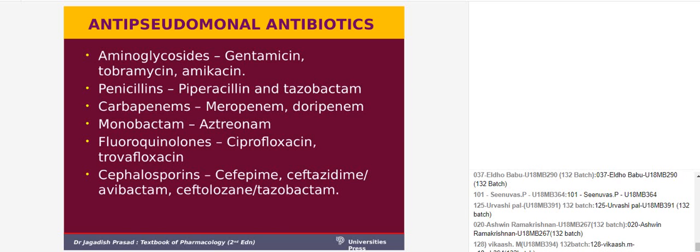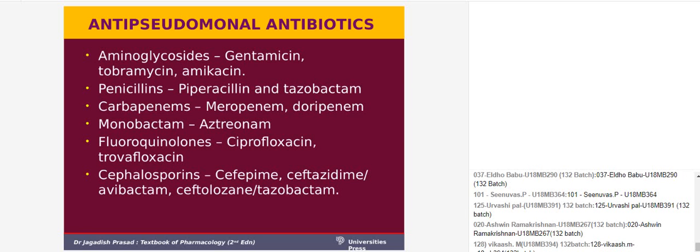Mainly we are looking at the antimicrobial spectrum, which varies from the first, second, third, fourth and fifth generation. The antibacterial spectrum: gram positive activity is more in the first generation, comparatively less in the second, comparatively less in the third generation, very less in the fourth, and very less in the fifth. And against gram negative, less in the first generation, more in the second, more in the third, fourth, and fifth generation.